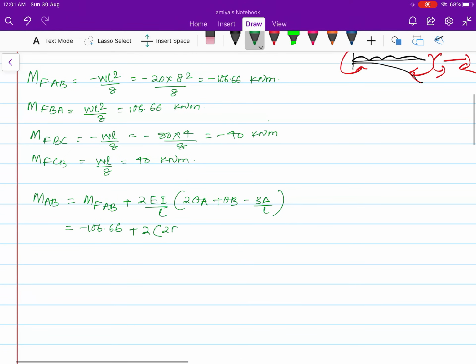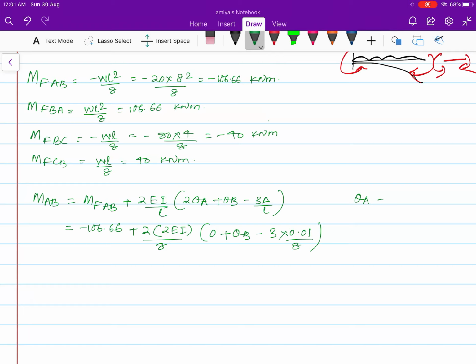So I will be writing 2 EI, and L for the span is 8. Now theta A is 0, and B sinks by 10 mm, it means 0.01 meter, divided by 8.